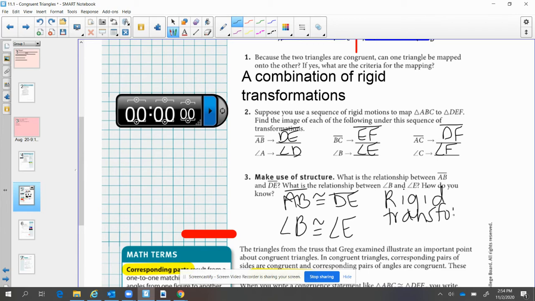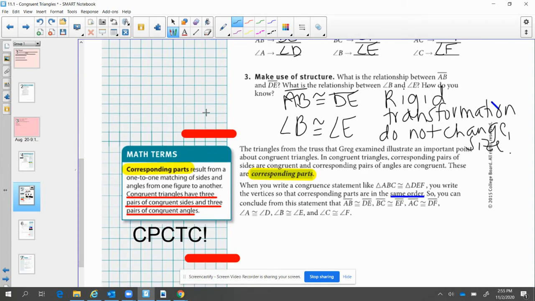So what this means for us is we always have some information about the pieces of our congruent triangles, okay? Because we know they're going to end up being congruent. The corresponding parts of the congruent triangles are going to match up to be congruent to one another.